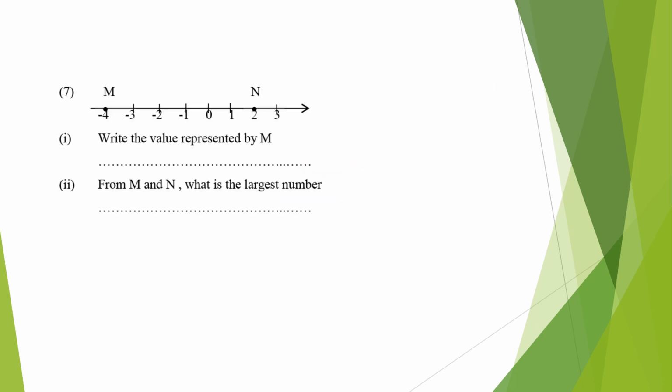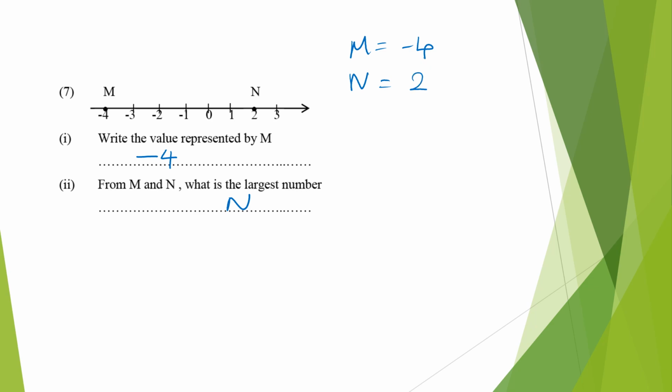And in this case, write the value represented by m. M is -4, right? You can see this clearly. And from m and n, what is the largest number? The largest number is n, because m is equal to -4, n is equal to +2.